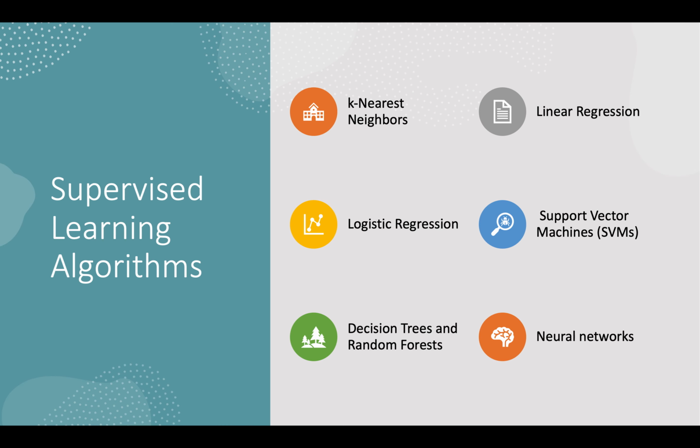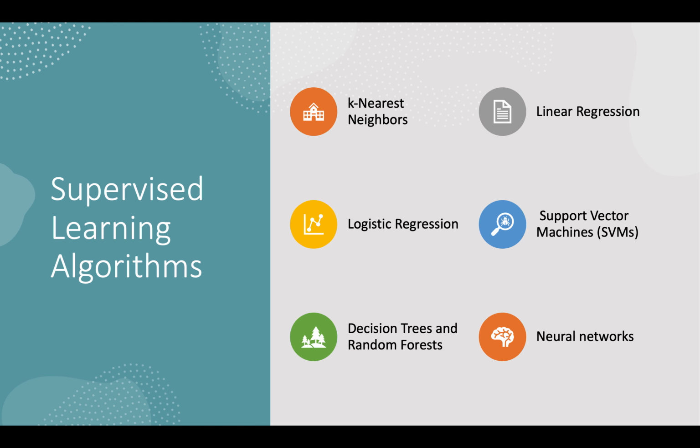And there are some famous, fundamental, very well known supervised learning algorithms. Supervised learning algorithms by no means are limited to this, but these are some of the things that you're going to see during this course, and I have listed them for you here.